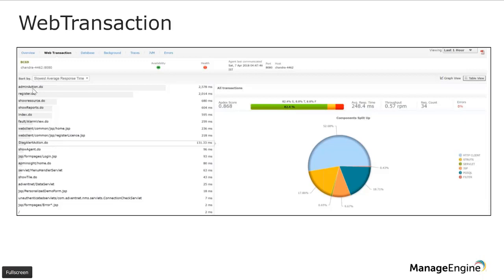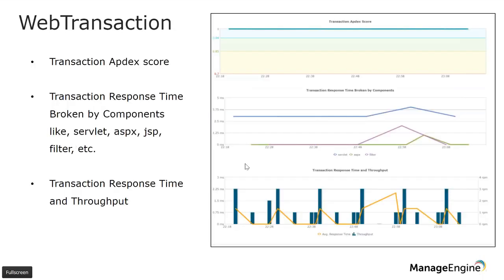And once you click on any particular web transaction on your left, the corresponding details of that particular transaction should be reflected on the right in the form of a numerical as well as a graphical representation. Scrolling down, you should be able to see more details about that particular web transaction, which includes but is not limited to the transaction AppDex score, the response time, as well as the throughput.